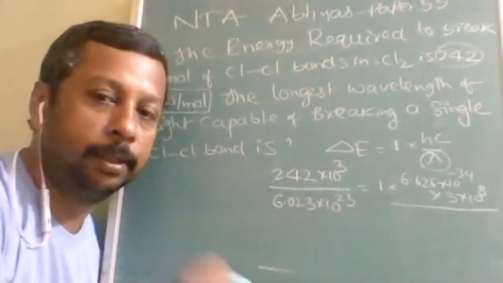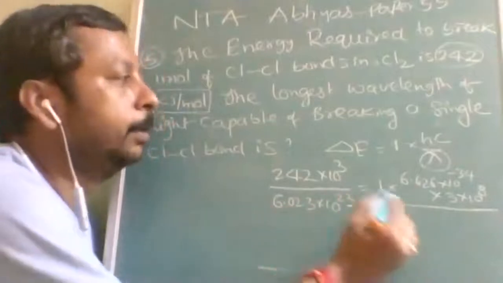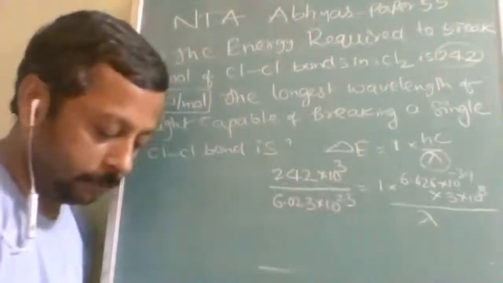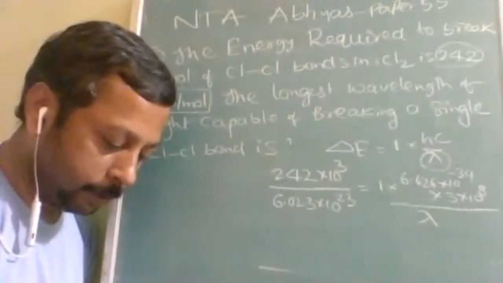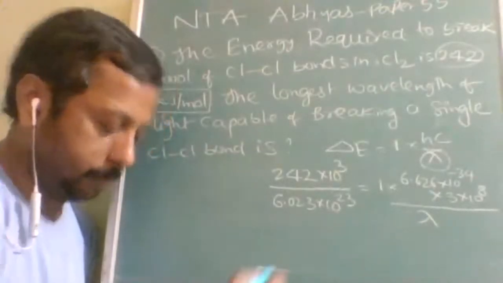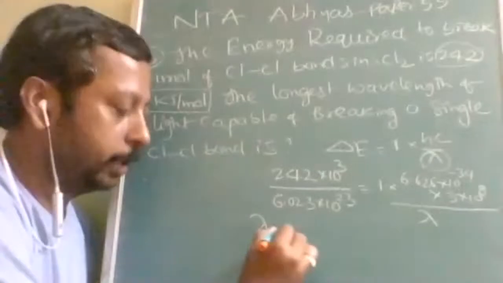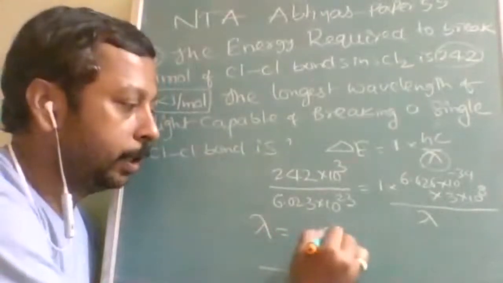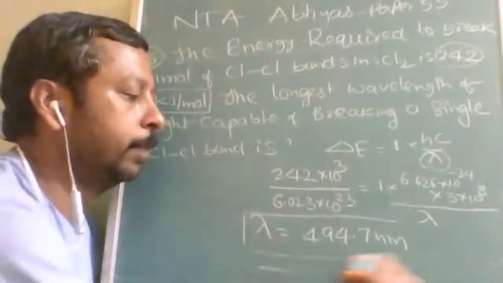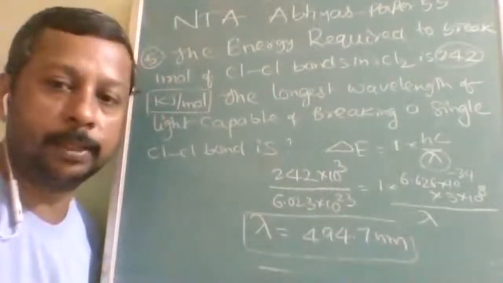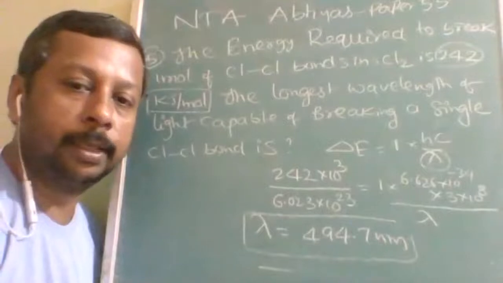So lambda is what we have to find out. After substituting and simplifying, the answer is in nanometers. Lambda is 494.7 nanometers. The answer I am getting is 494.7 nanometers.